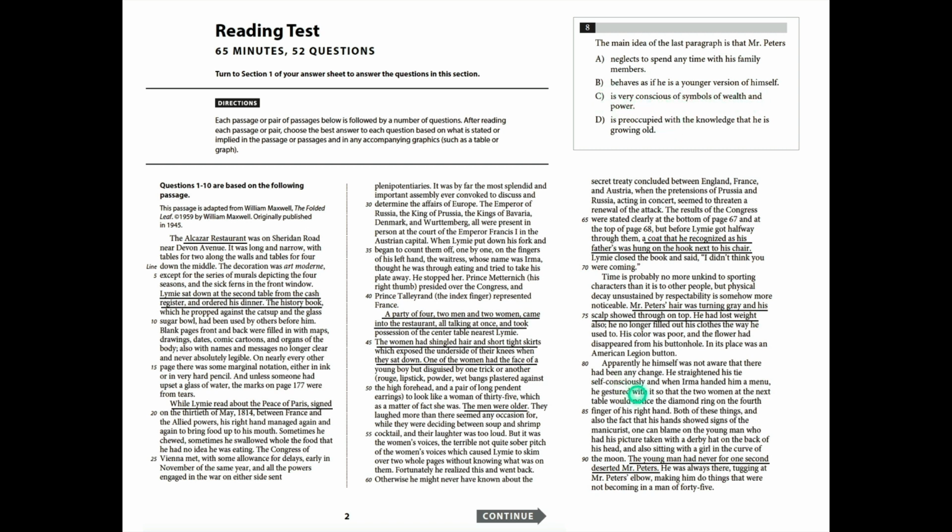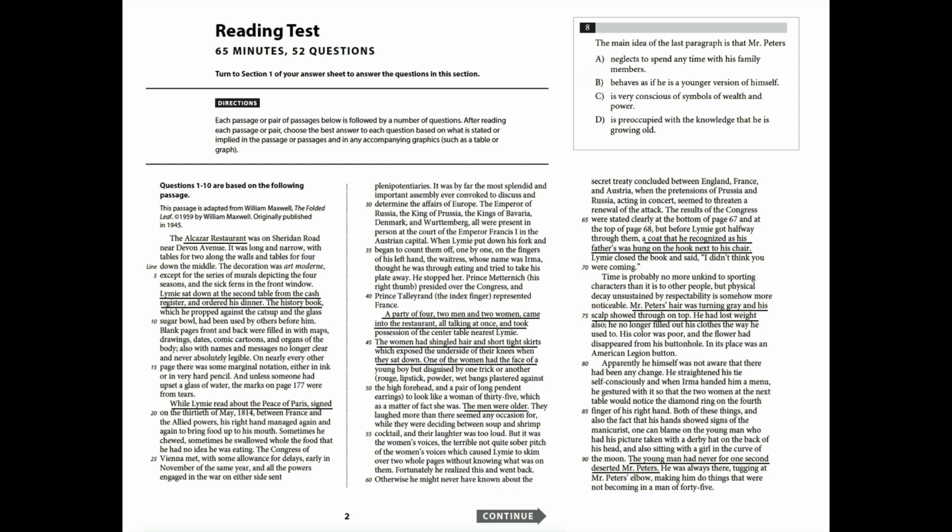Well, the diamond ring here, some students might consider that as a symbol of wealth and power, but essentially what this whole last paragraph is, it's a description of the behaviors that Mr. Peters is doing that is unbecoming of an older man. So the one that really fits is B, behaves as if he is a younger version of himself.